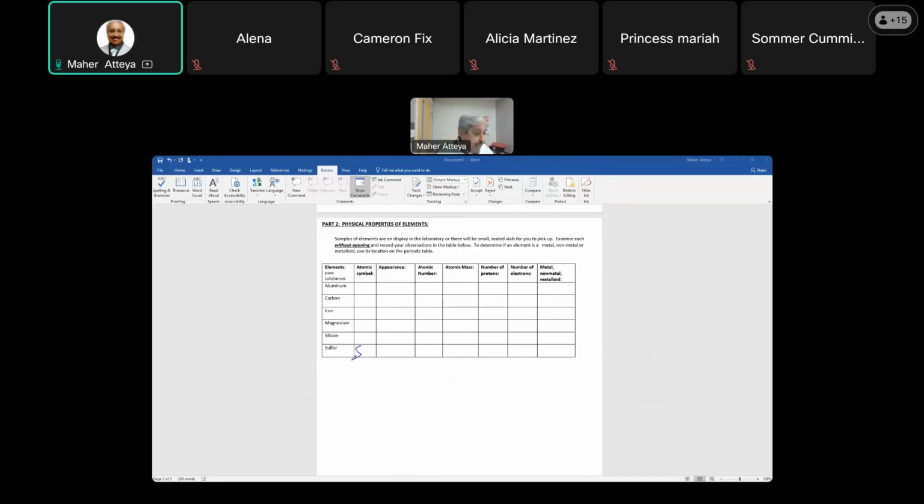Okay. Appearance is a bright yellow solid. Correct. That is yellow. Yellow solid. Just write it here.